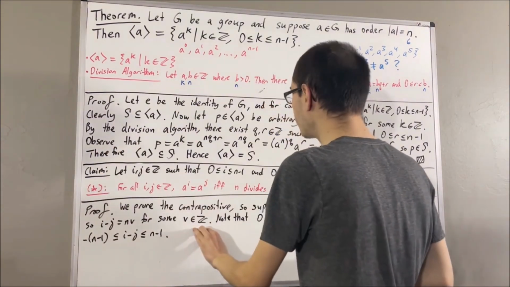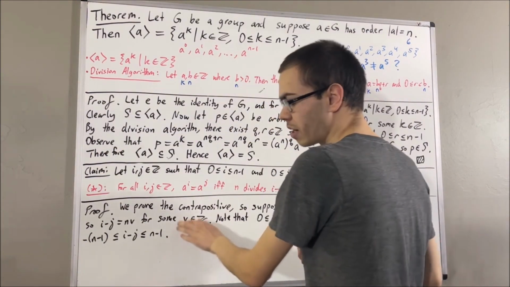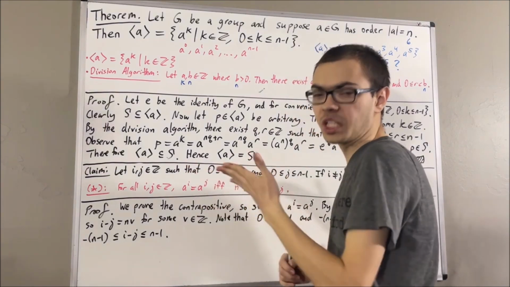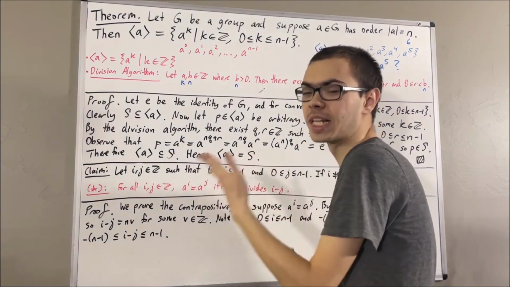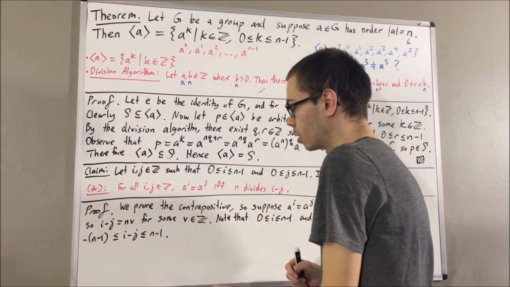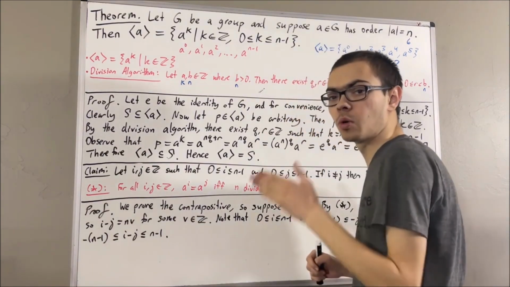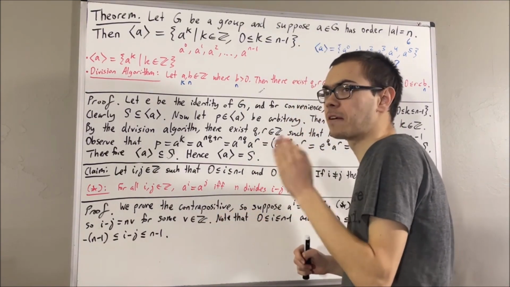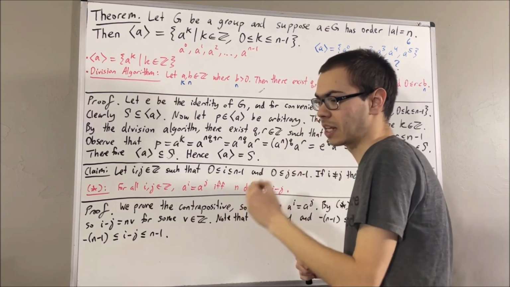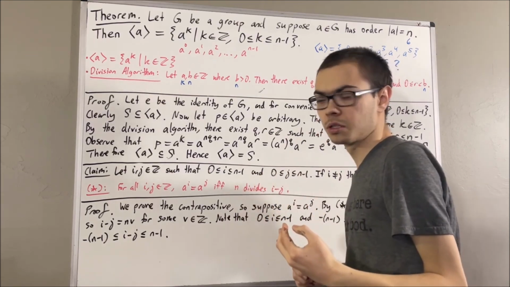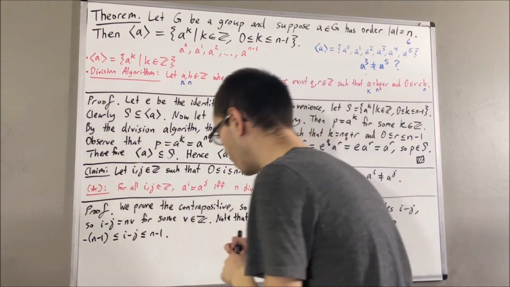Now, since v is an integer, we have either v is greater than or equal to 1, v is equal to 0, or v is less than or equal to -1. The claim is v is equal to 0.